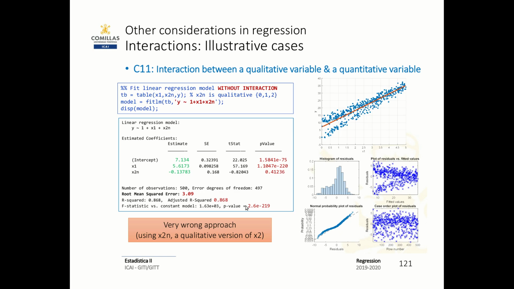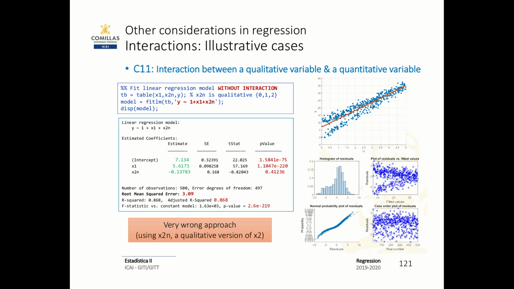Okay, so now we use x2 in the wrong way. We encode it as a numerical variable that takes the values 0, 1, 2, and this x2n means x2 numerical. What we see is that the estimate of the x2 numerical is not significant. Still, with the other two variables, we are explaining quite a lot of the variability, almost 87% of the variability.